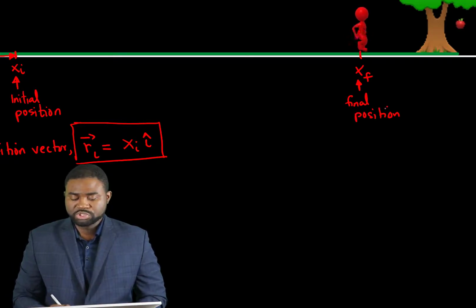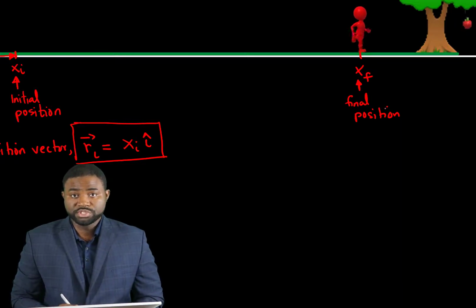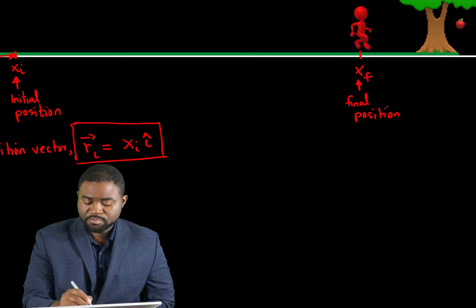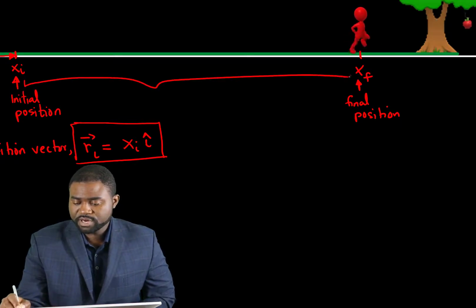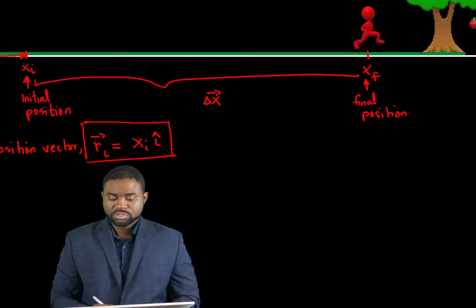His final position vector will be an arrow drawn from the origin to where he is currently jogging at the moment. But the most interesting part is that his displacement is defined by this distance. We will call this displacement the change in his position.